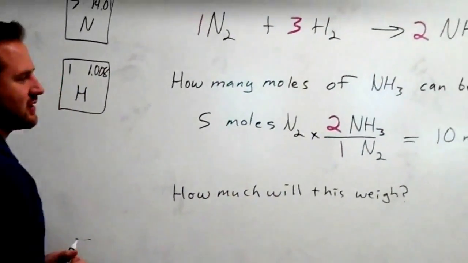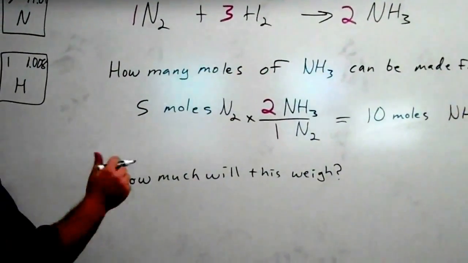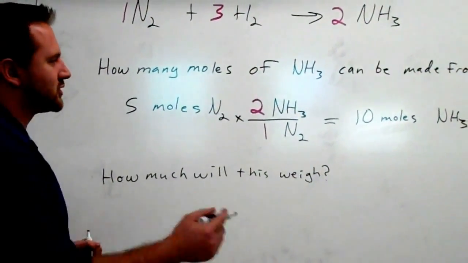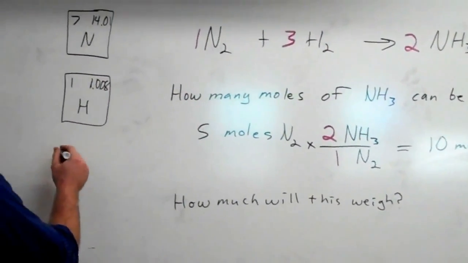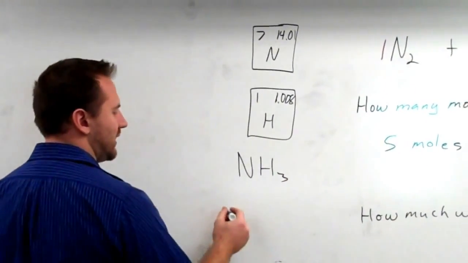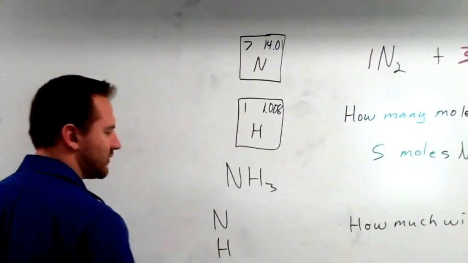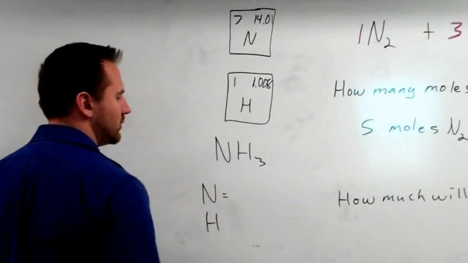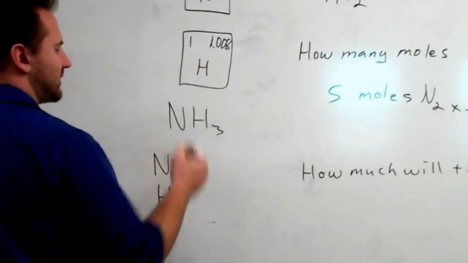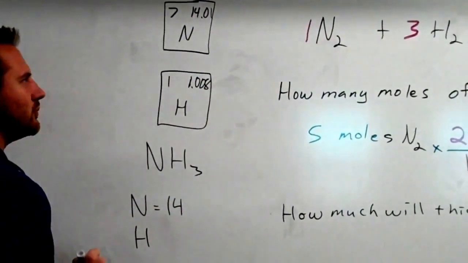So, say you made 10 moles of ammonia and you wanted to know, how much will this weigh? First thing we need to do is find out how much each mole of ammonia weighs. So, if our substance is NH3, that means we have 1 atom of nitrogen and 3 atoms of hydrogen in every molecule. So, when we look on the periodic table, nitrogen has a molar mass of 14 grams per mole.